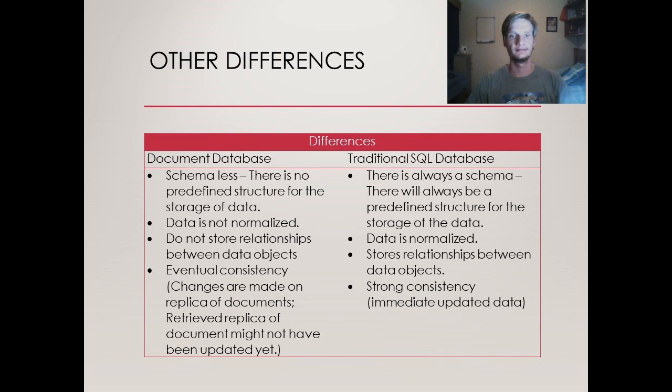The document database has eventual consistency because changes are made on a replica of documents and the retrieved replica of a document may not have been updated yet, whereas traditional SQL databases are immediately updated. So it has strong consistency.